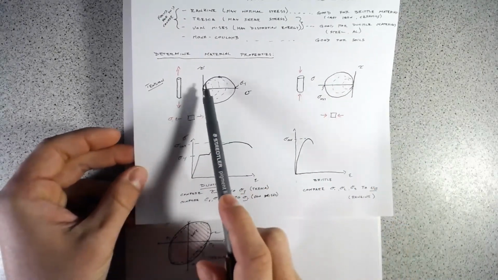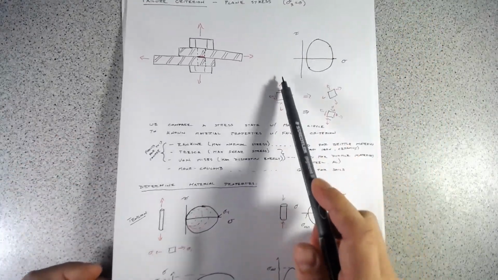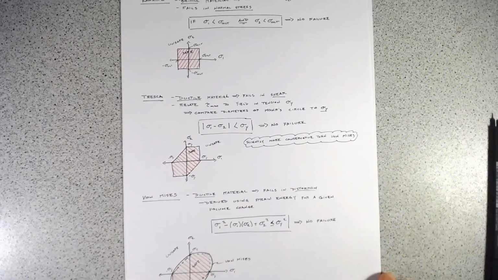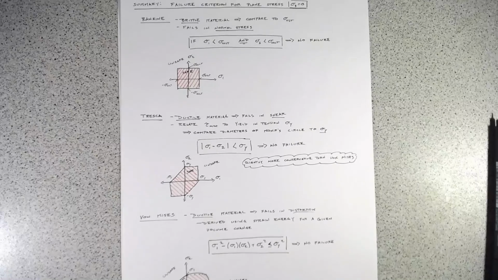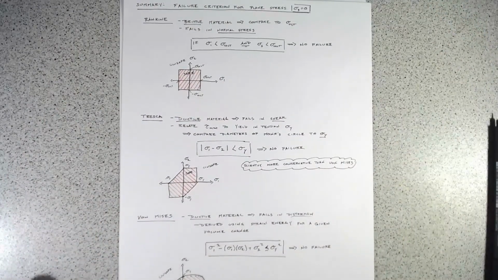Essentially, what we're doing is comparing these Mohr circles to these criteria, and that's really all it is in practice. So with that wraps up our discussion on failure criteria, and thank you very much.